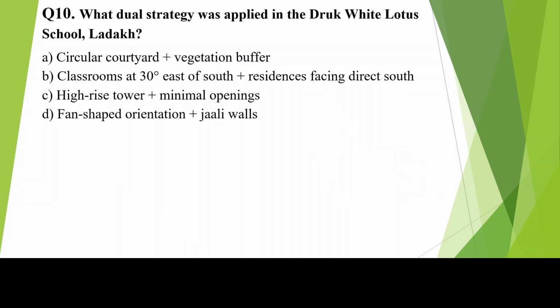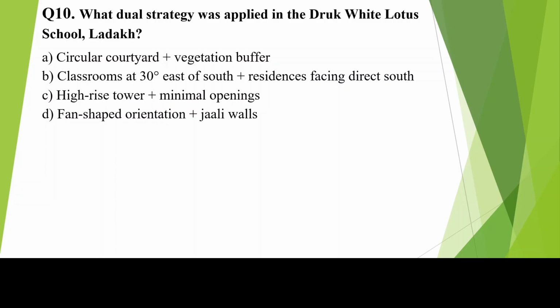What dual strategy was applied in the Druk White Lotus School, Ladakh, that we recently discussed? You have to now recall what strategy was applied in that particular school that was situated in the cold climate condition of Ladakh.